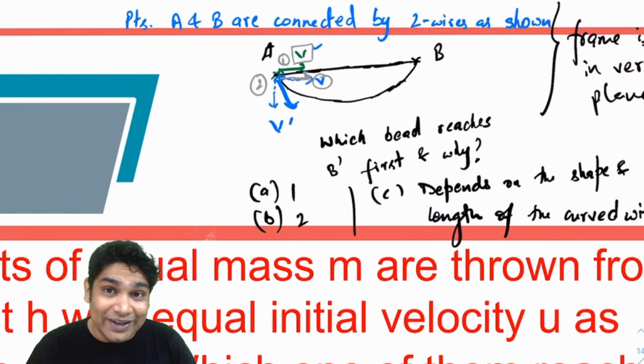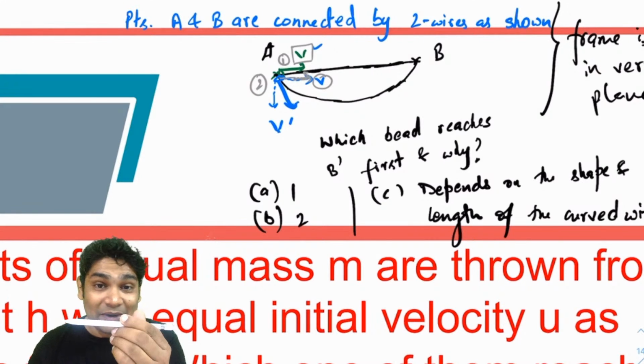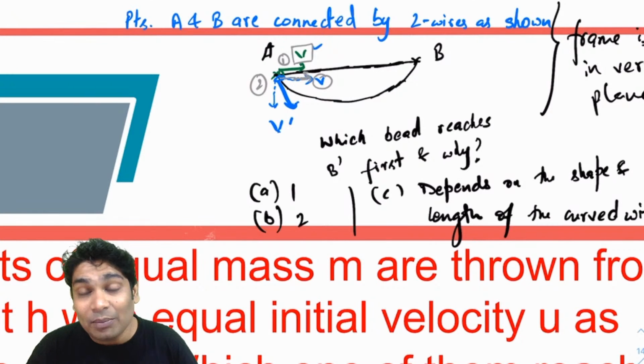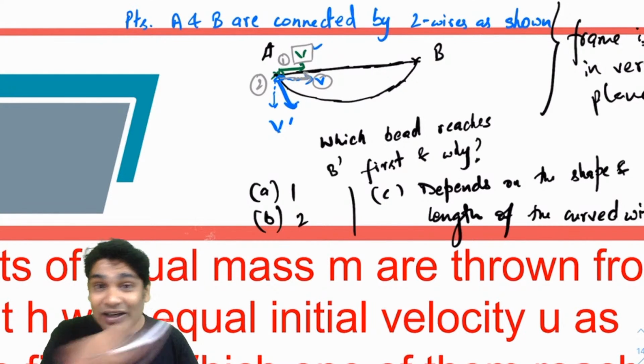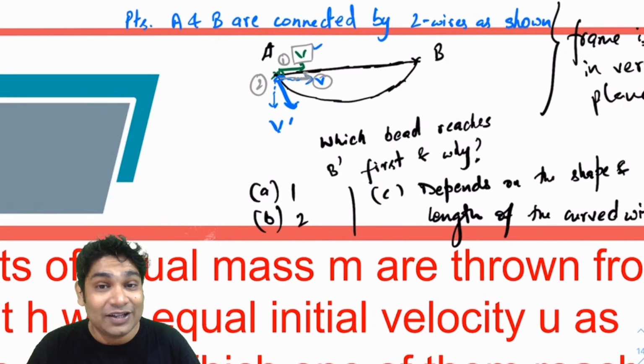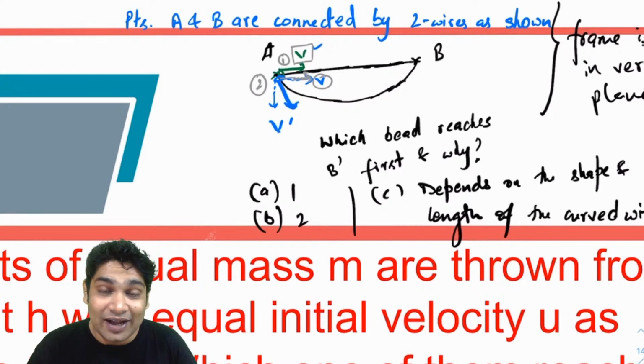Now 2 beads named 1 and 2 are launched from point A. Bead 1 is launched along the horizontal segment of the wire with a speed V. Bead number 2 is launched along the curved wire with a tangential speed of V dash such that the horizontal component of V dash is also V. If all the surfaces are completely frictionless, which bead reaches B first and why?